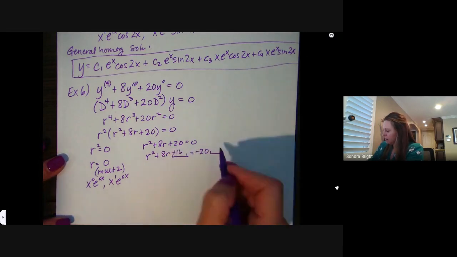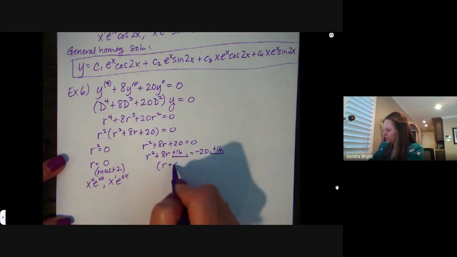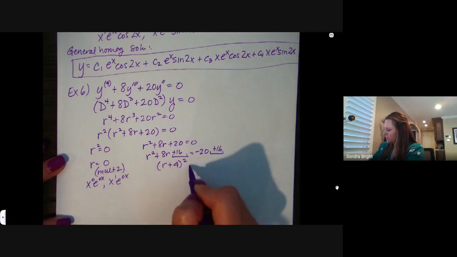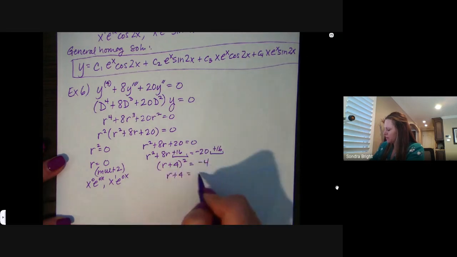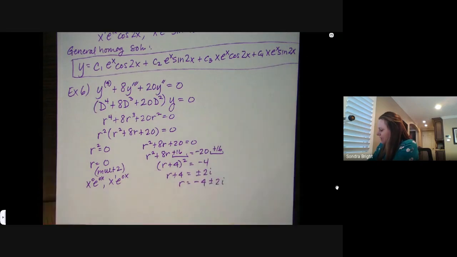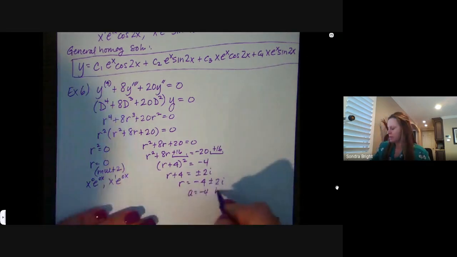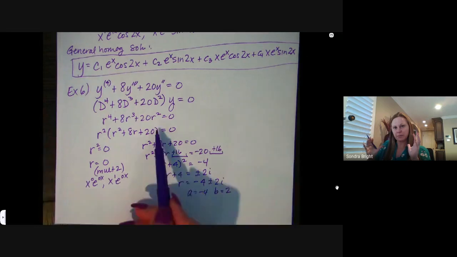So that's r plus 4 quantity squared is equal to negative 4, which will give you r plus 4 is equal to plus or minus 2i, and r would be negative 4 plus or minus 2i, which means that your a is negative 4, your b was 2, and this factor didn't have a multiplicity on it. There was no exponent on the outside of those parentheses, so it's just multiplicity of 1.